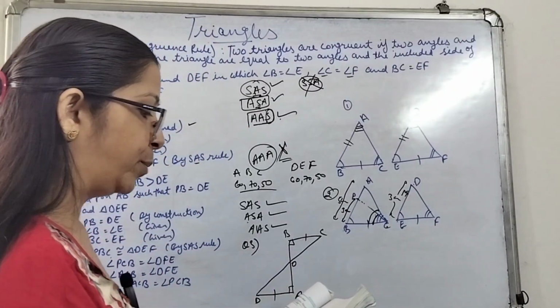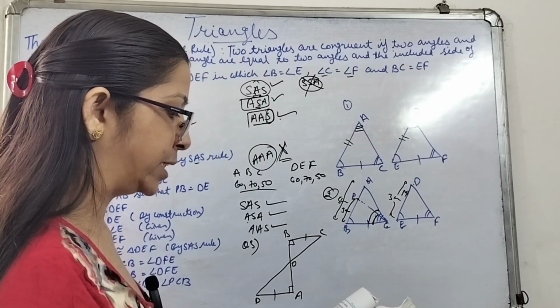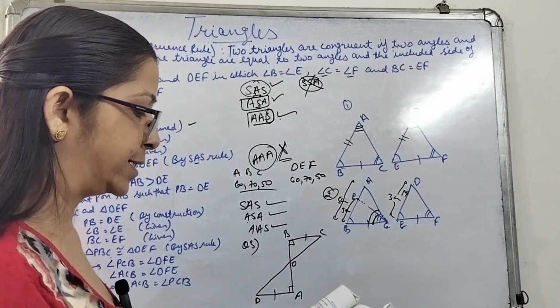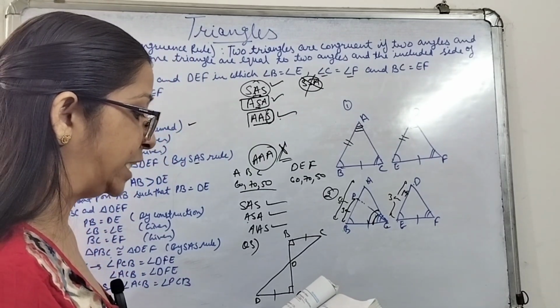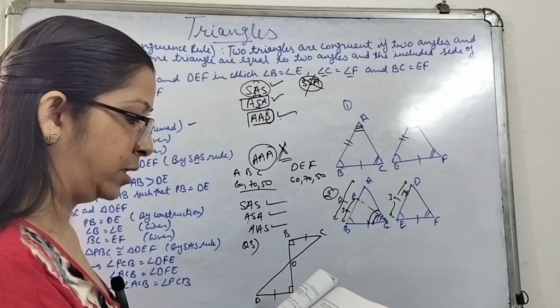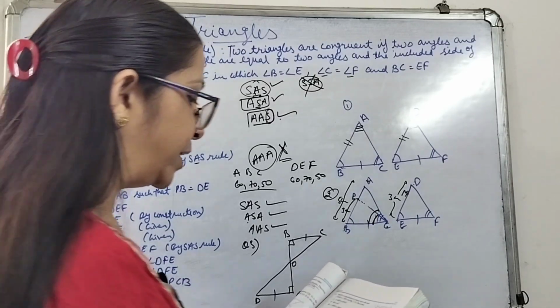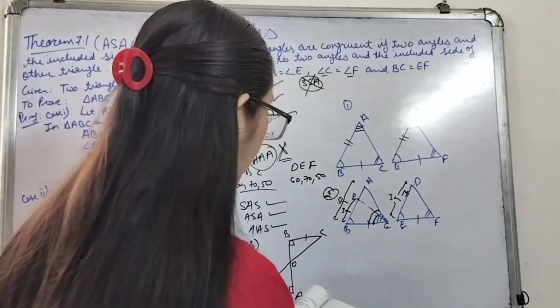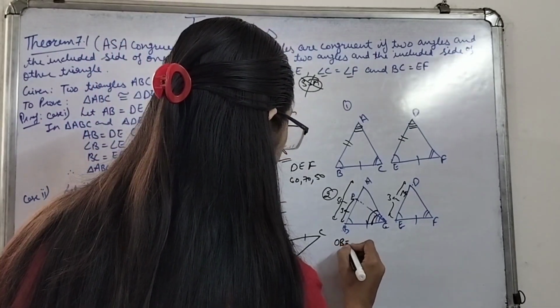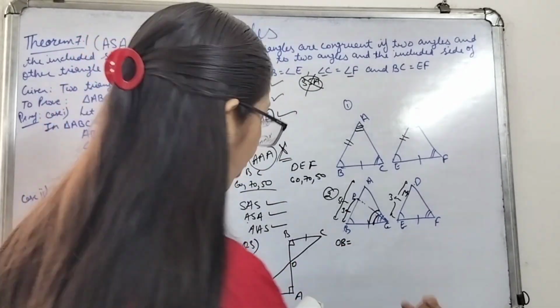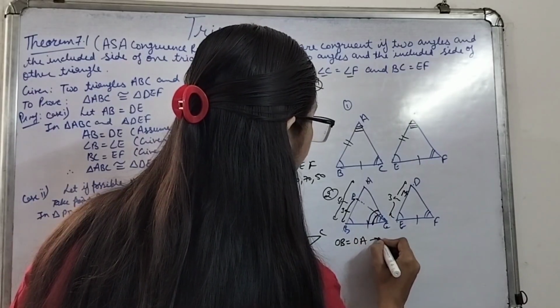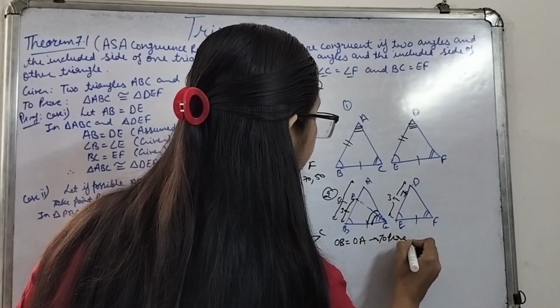Now the equal perpendiculars are given. AD and BC are equal perpendiculars to the line segment AB. Show that CD bisects AB. That means we have to prove that OB is equivalent to OA. This is to be proved.